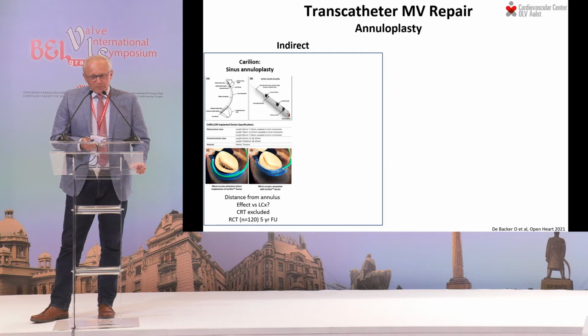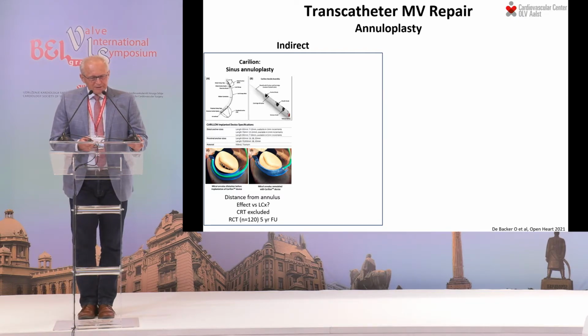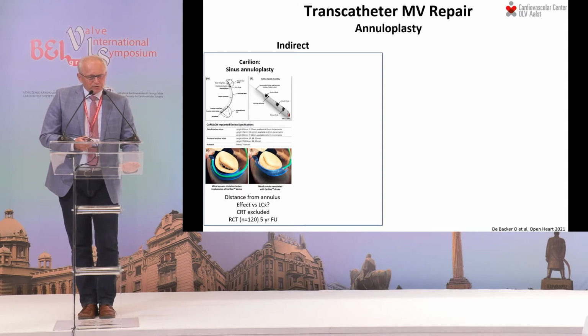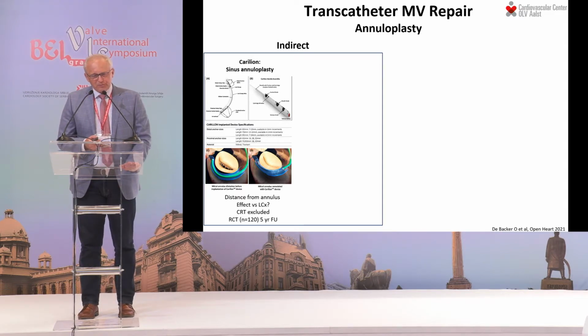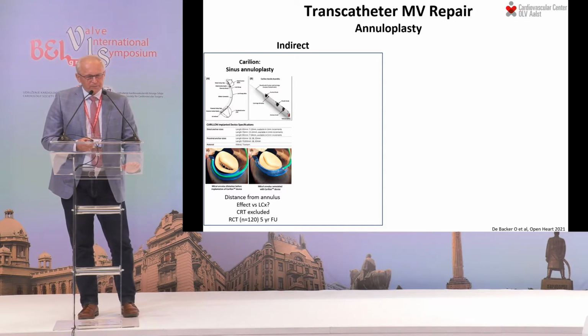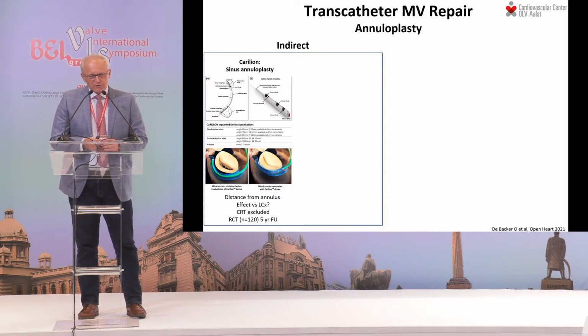When speaking about annuloplasty, we have 2 approaches. One is indirect. This is the first device, called Carillon, where basically we are putting a device into the coronary sinus. This could be a very easy procedure, but there are several concerns about the potential impact on the reduction of the mitral annulus, given the distance between the coronary sinus and the annulus itself.